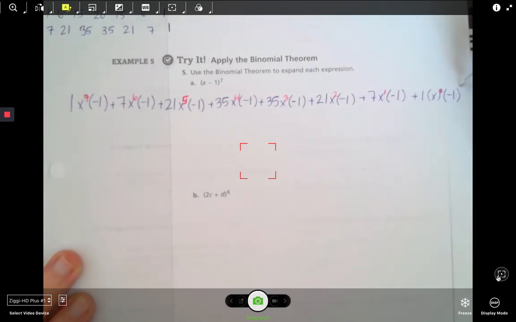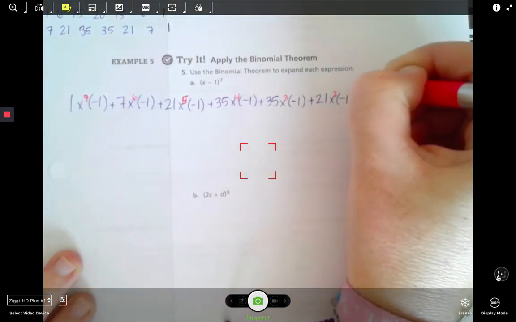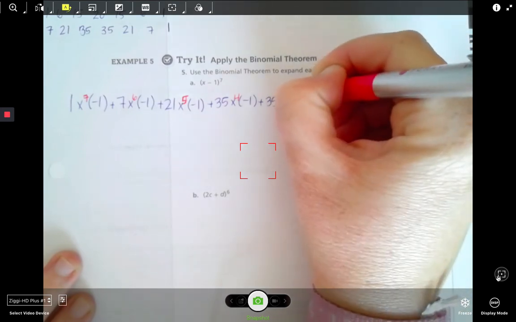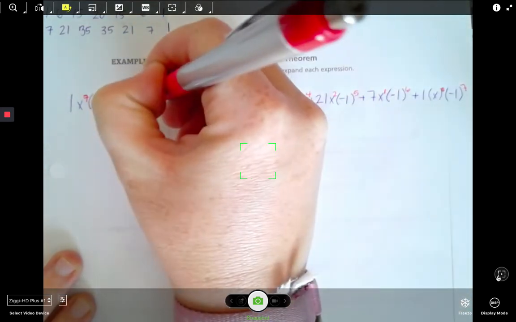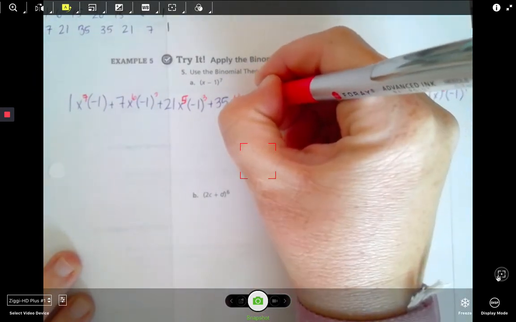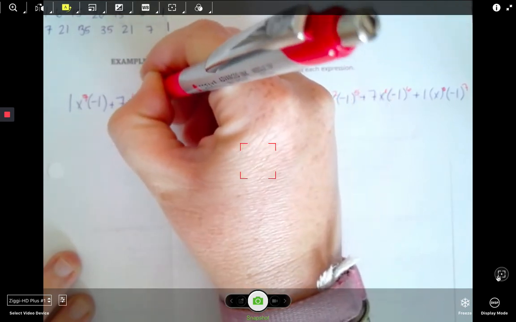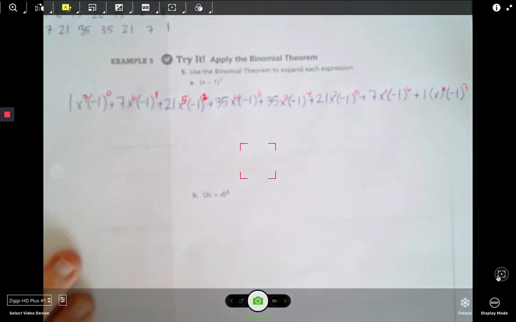So if we start right here, we have 7, 6, 5, 4, 3. Whoa, I missed one. 3, 2, 1, 0.